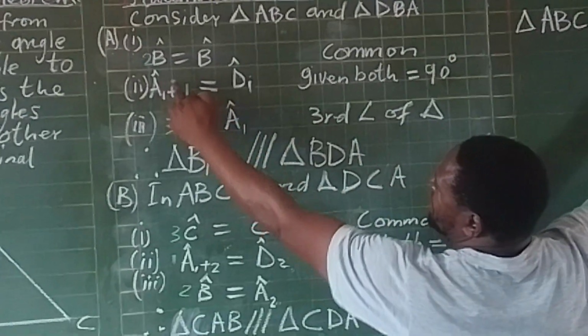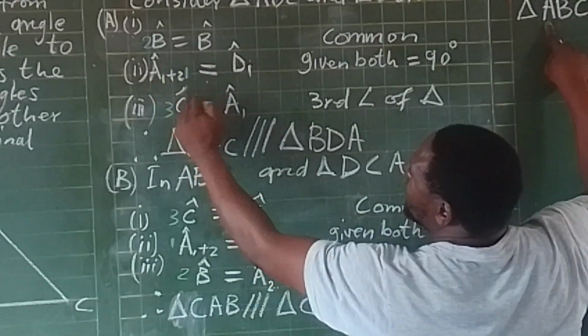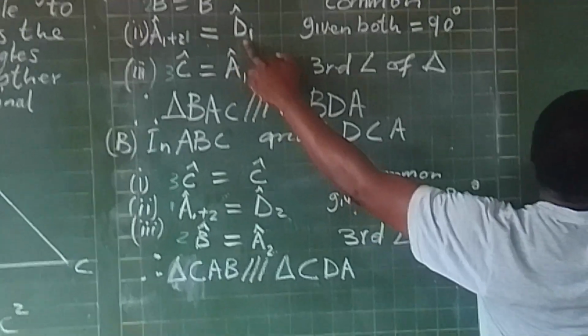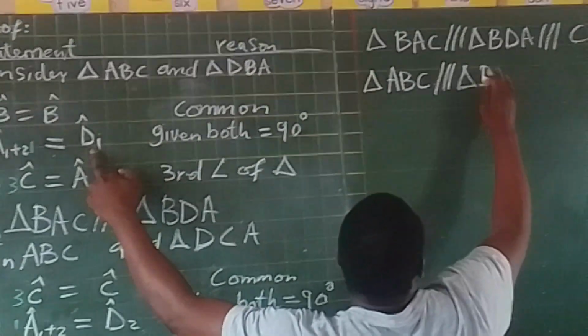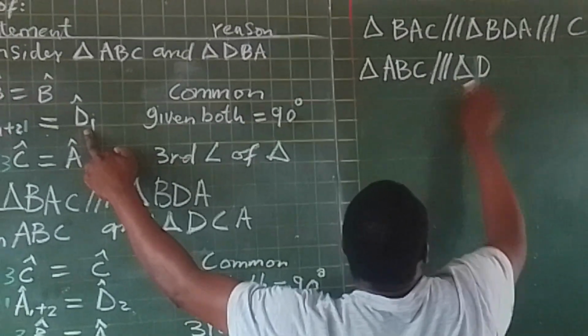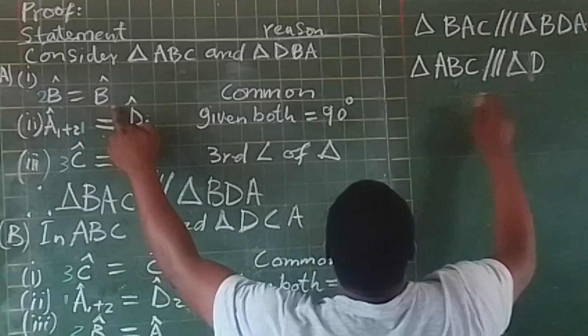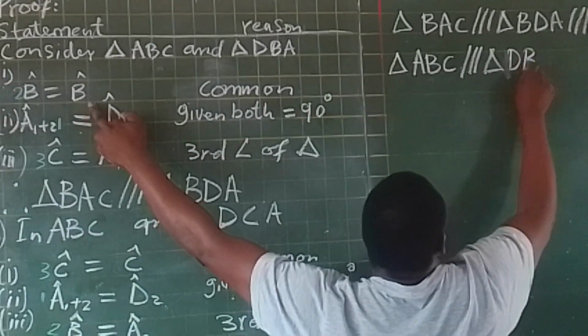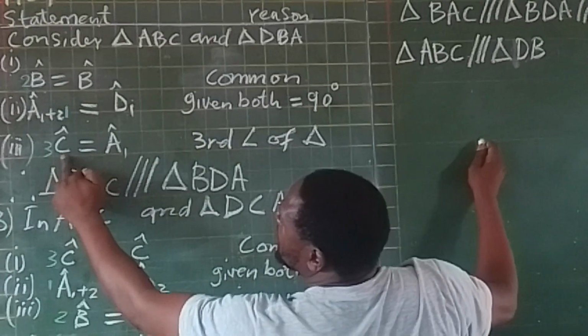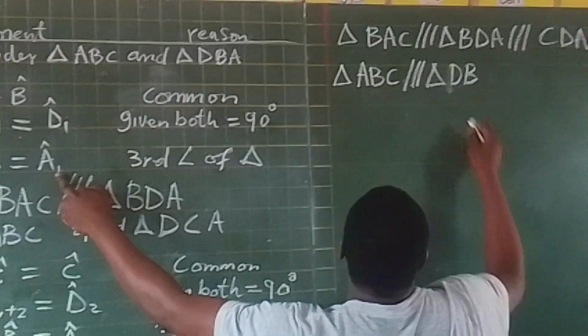Then I take A. My A corresponds with D. My B corresponds with B. And C corresponds with A.